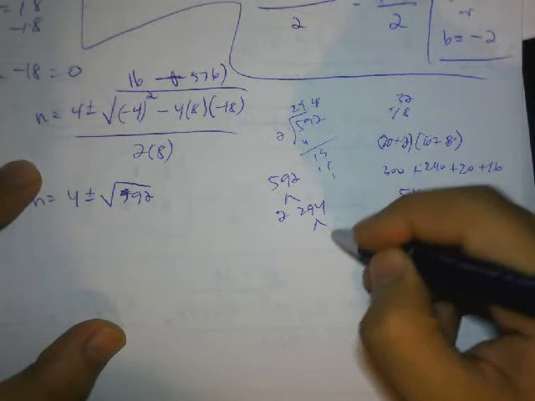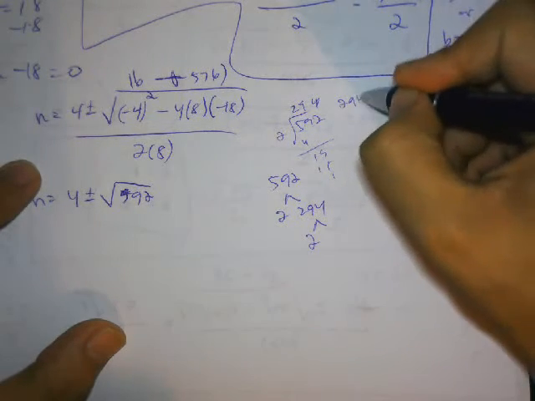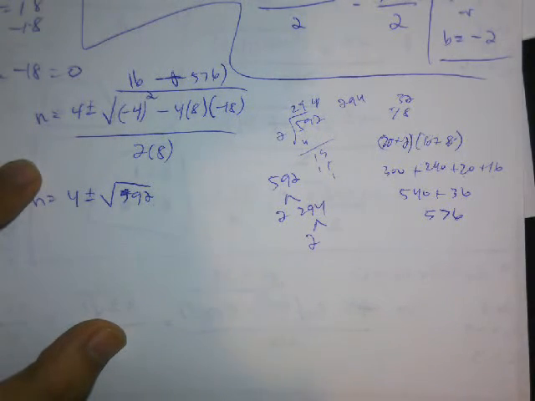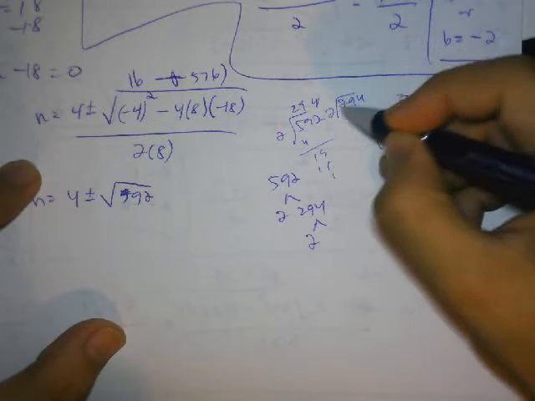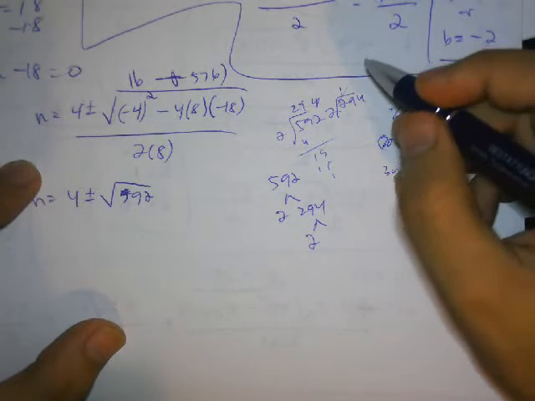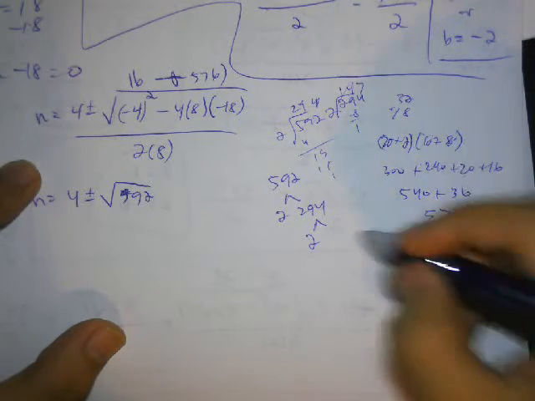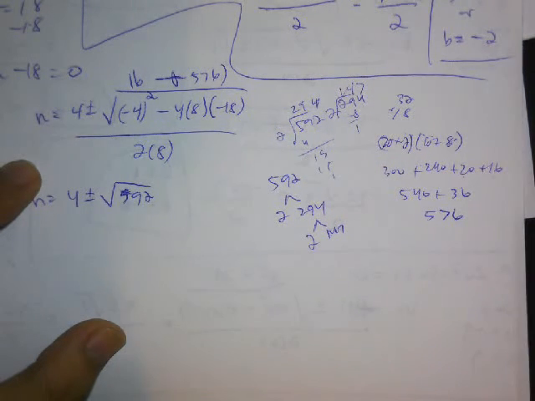However, I can factor it as 2 again. So 294 divided by 2 is 147. Is 147 a perfect square? 147, it is not.